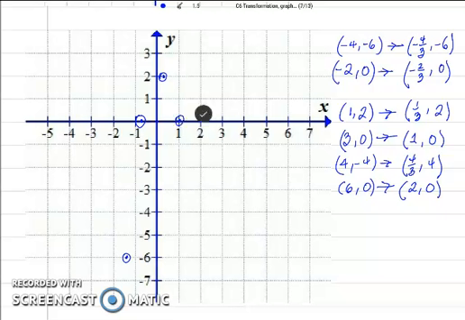And the point (4, -4) is going to become the point (4/3, -4), which is (1 and 1/3, -4). So that will put me about here. And the point (6, 0) is going to become the point (2, 0).